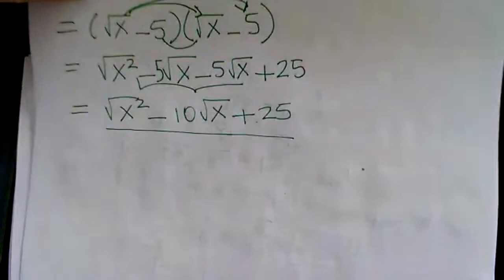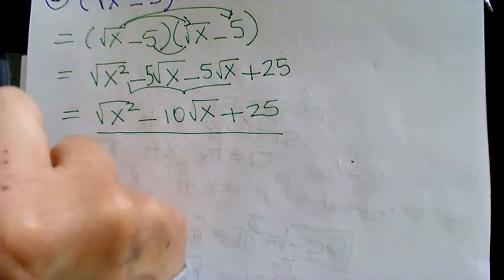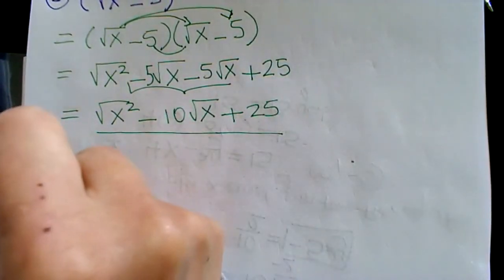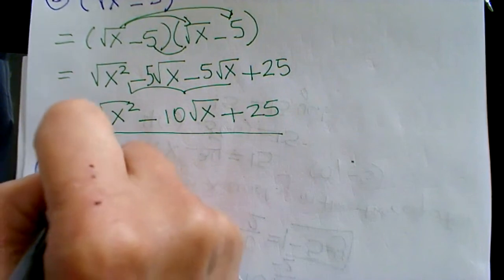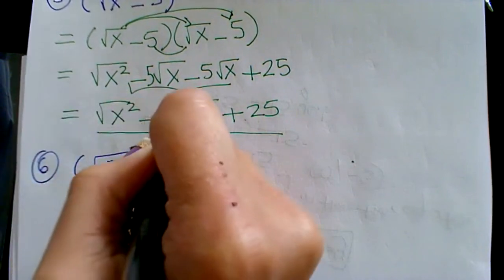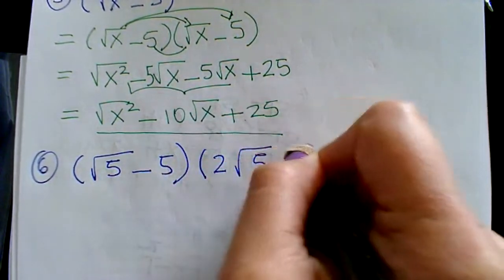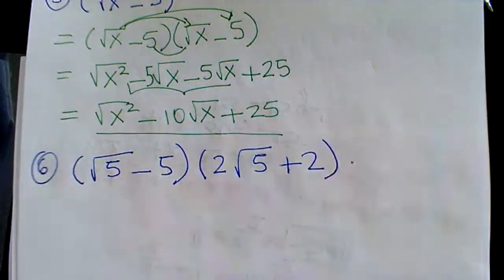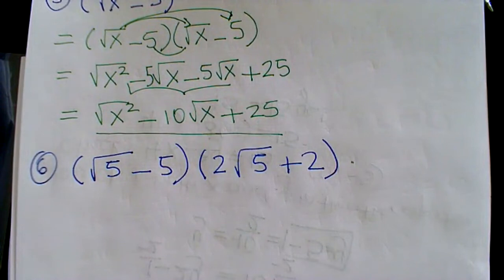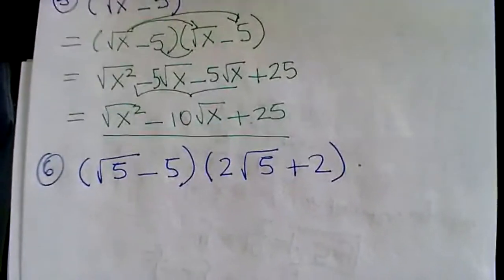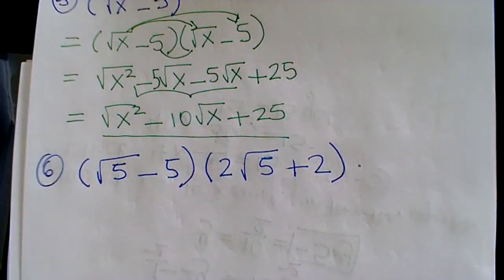Now, I have one more multiplication here. This one is square root of 5 minus 5 times 2 square root of 5 plus 2. Okay.